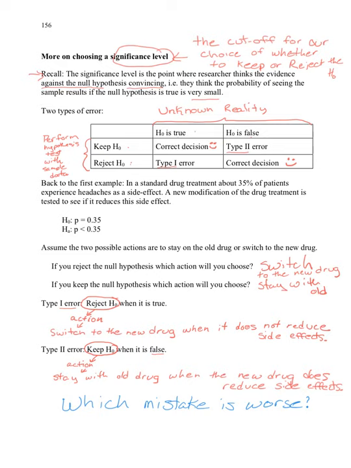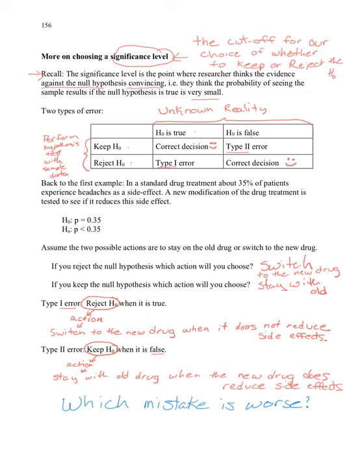Now let's go back to our first example for a second. On this one, which mistake is worse? Switching to the new drug when it does not reduce side effects, or staying with the old drug when the new drug does reduce side effects? There are a lot of questions related to this that you would want to know, like what other side effects might the new drug have?